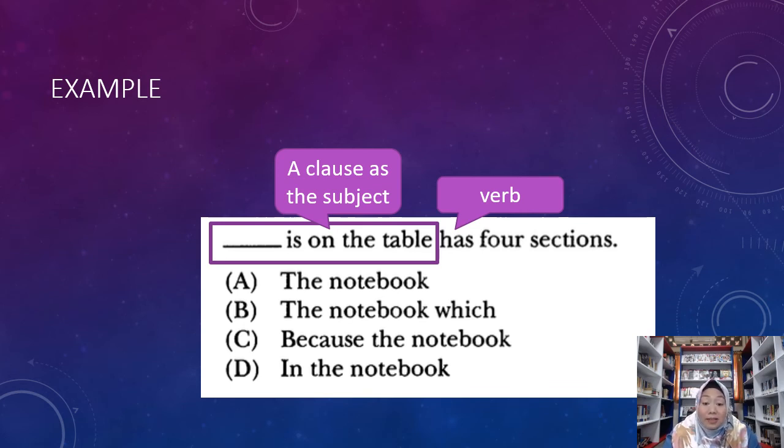Because this one is the subject of this sentence, but this verb needs a subject. So which one has a subject and connector? Here we have the notebook, which is on the table, has 4 sections. We have the subject and we have the connector. So this one is the answer.